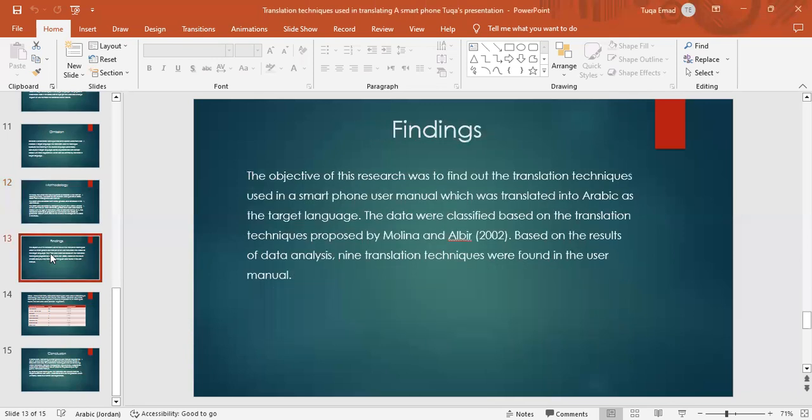The objective of this research was to find out the translation techniques used in the smartphone user manual, which was translated into Arabic as the target language. The data were classified based on the translation techniques proposed by Molina and Albir 2002. Based on the results of data analysis, 9 translation techniques were found in the user manual.